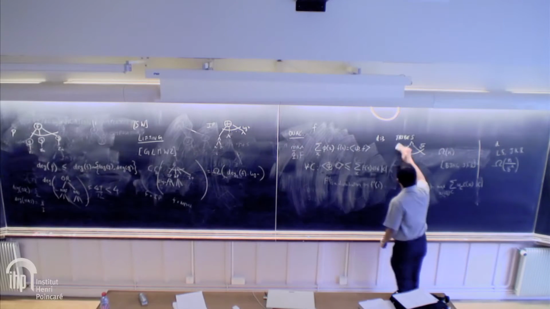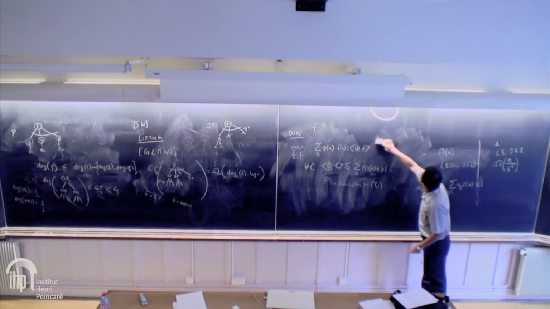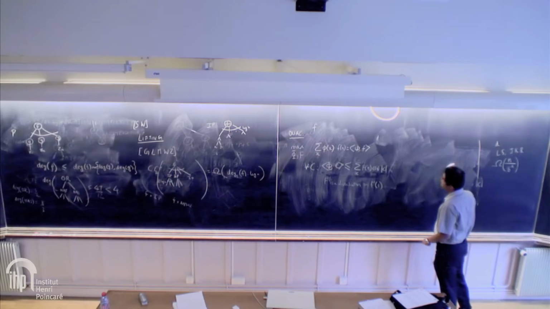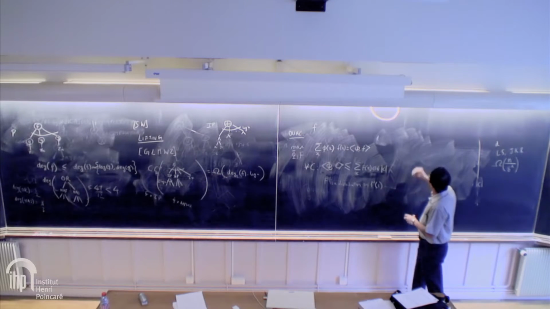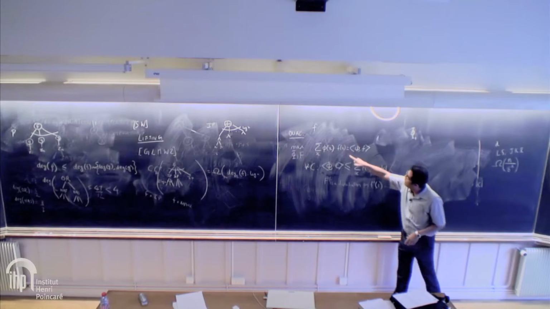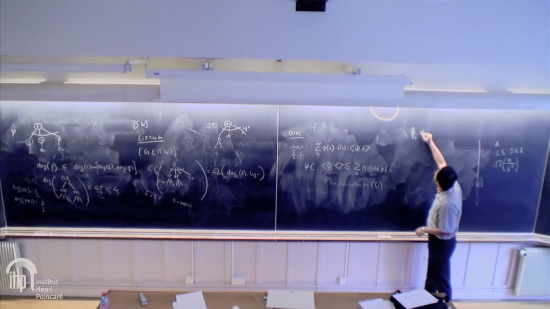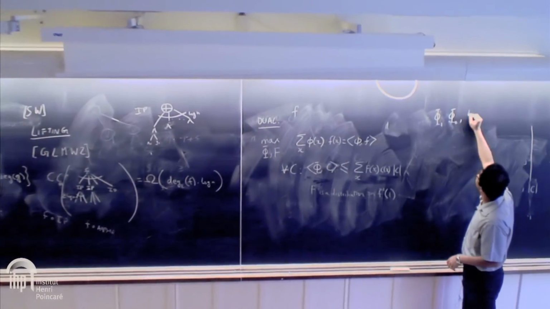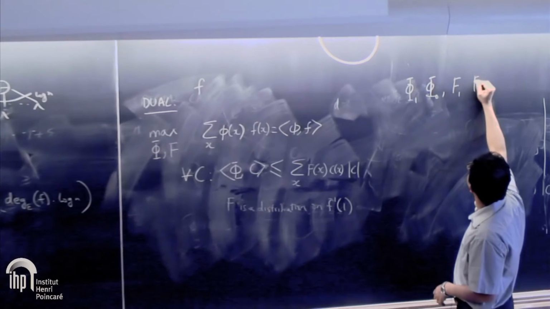So what you want to do, the high-level goal seems to be the following. You're given certificates, phi 1 for F, phi 0, and two distributions F1 and F0.